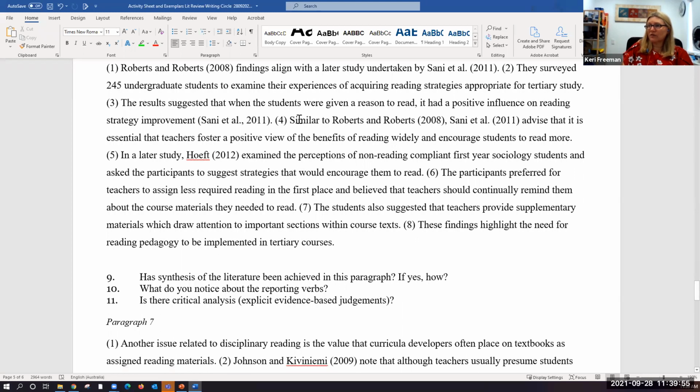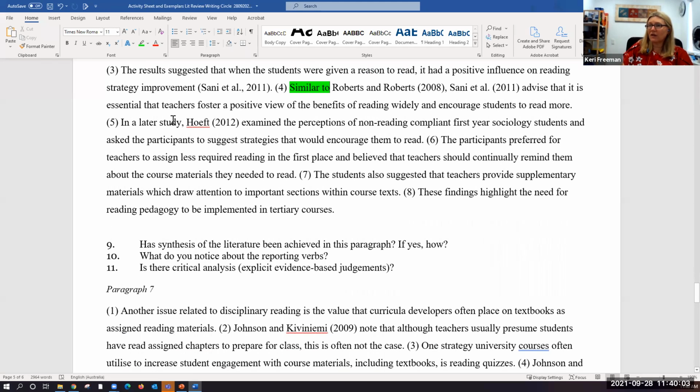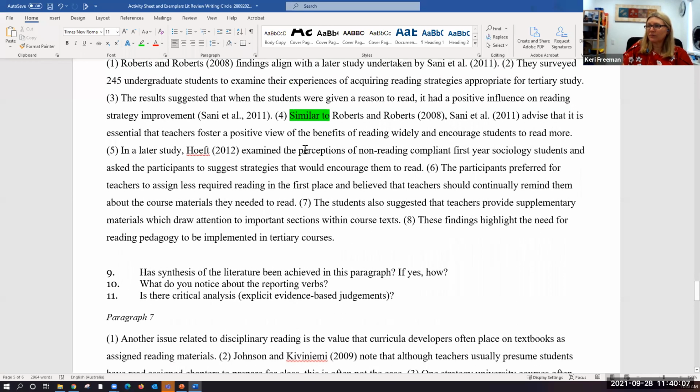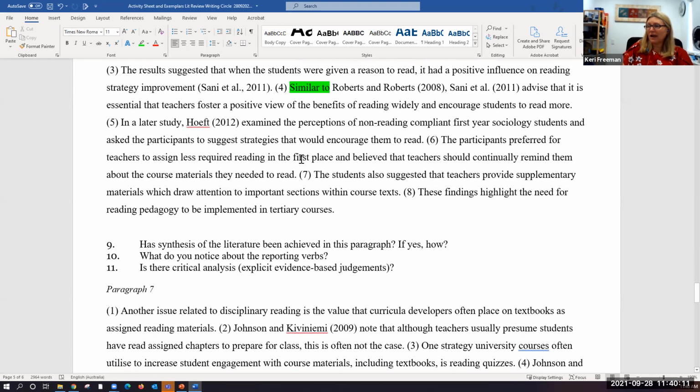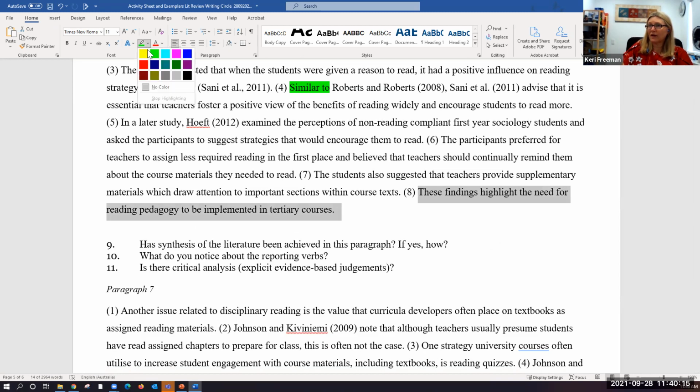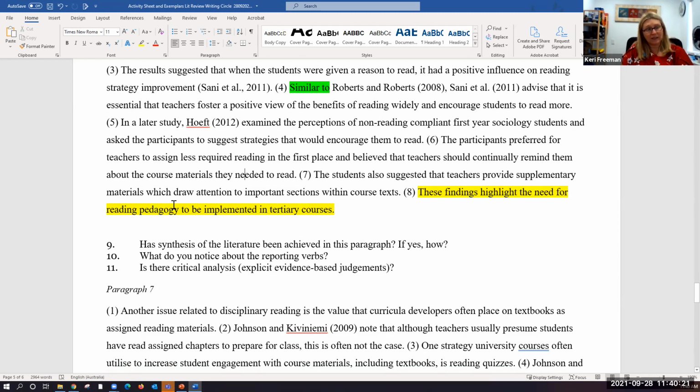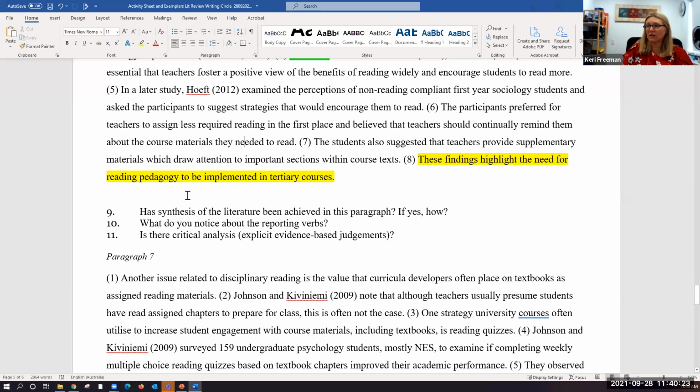So similar, so very explicit, isn't it? Similar to. Okay, blah, blah, blah. Then a later study, 2012. And then a final sentence to then bring us back to, we need reading pedagogy to be implemented, therefore we need this research, okay?